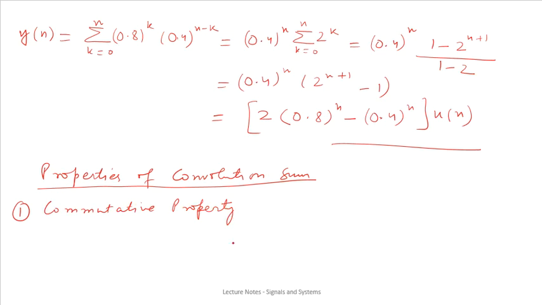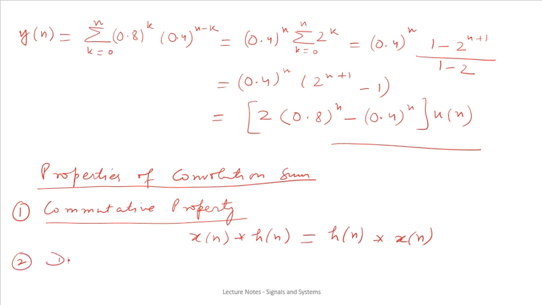The convolution sum possesses this property of commutativeness. That means xn convolution hn is the same as hn convolution xn.